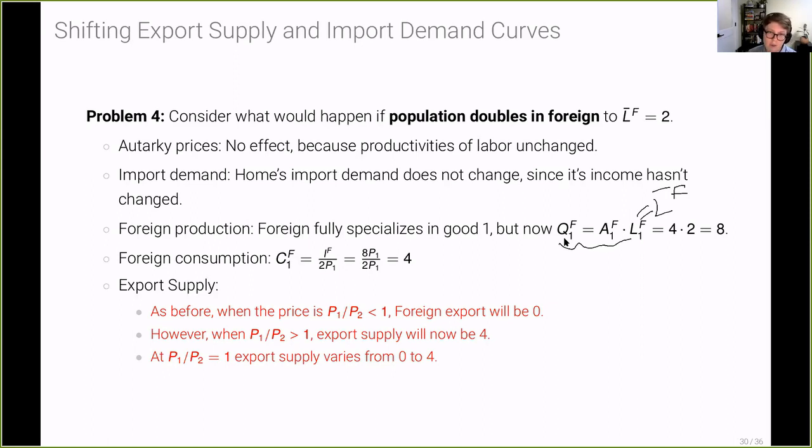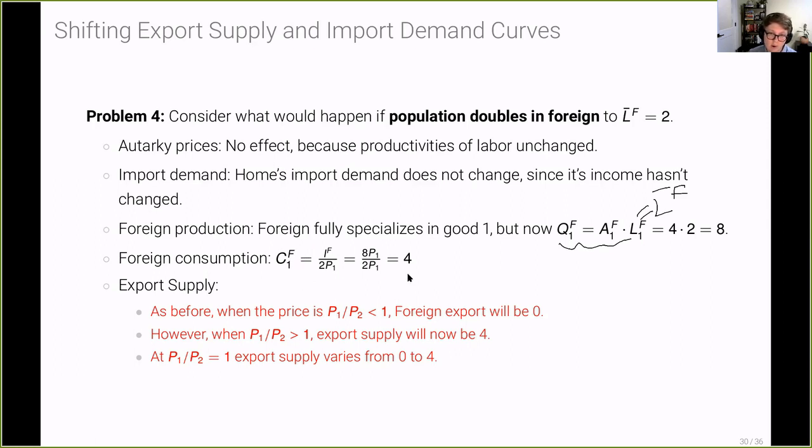If we now plug foreign's new income into its consumption function for good 1, we're going to see that relative to what it was before, consumption is going to double from 2 to 4. But otherwise, its export supply is going to look the same.